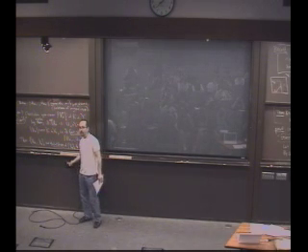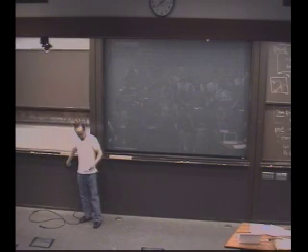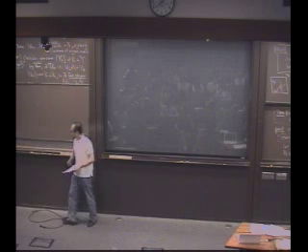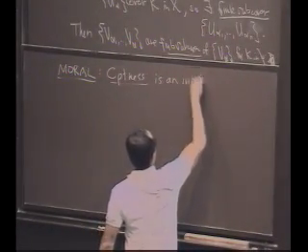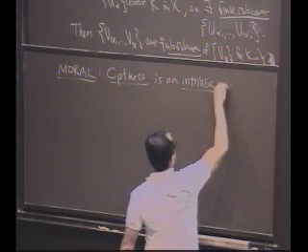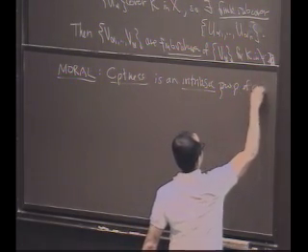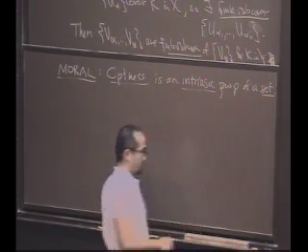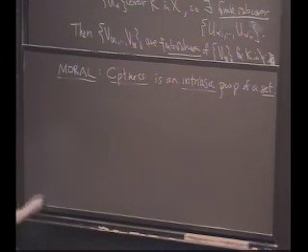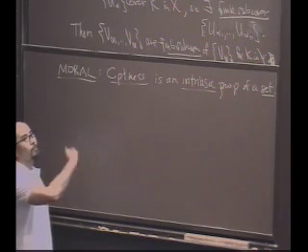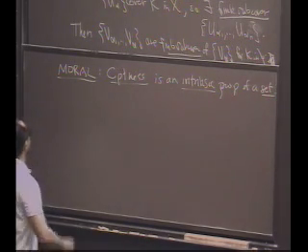Okay, so let me write this down so it at least gets in your notes. Compactness is an intrinsic property of a set. That's really what we're trying to say. Obviously, it's in some metric space, but it's intrinsic.